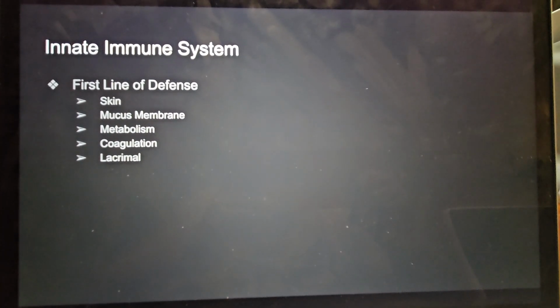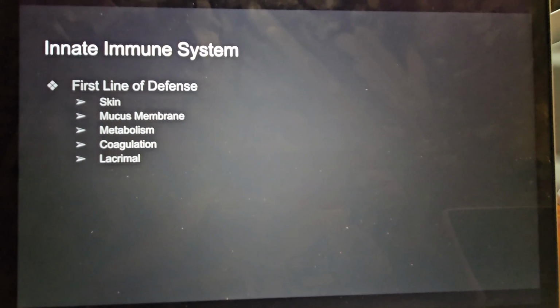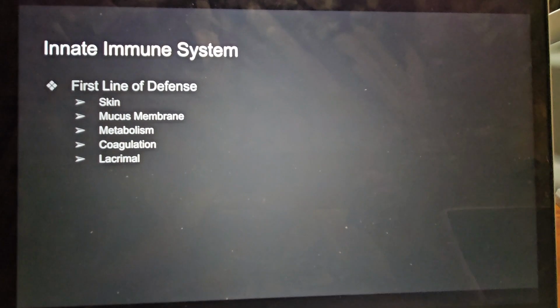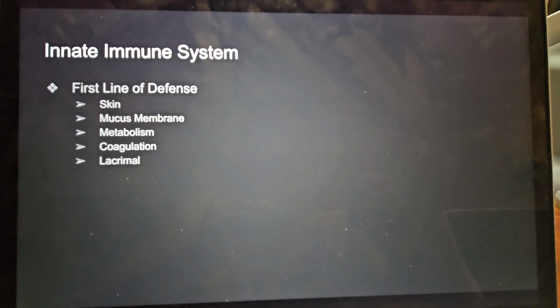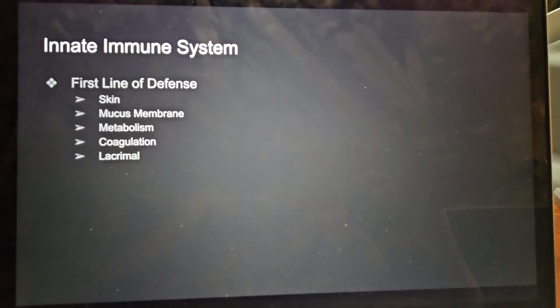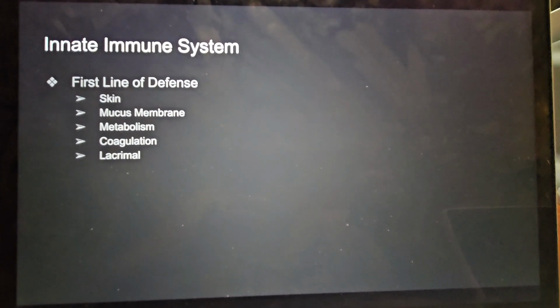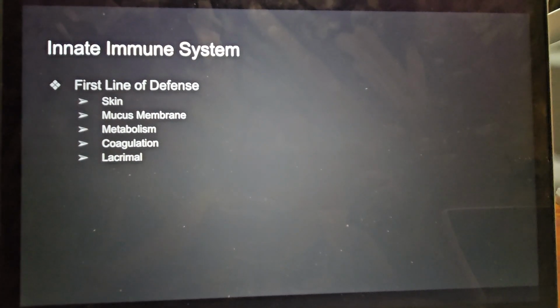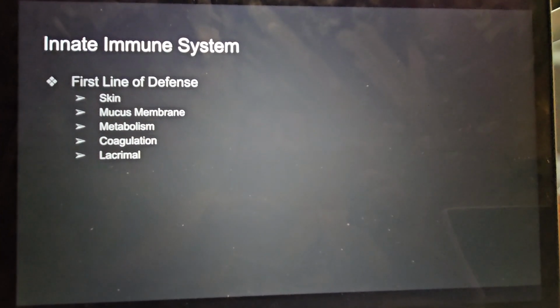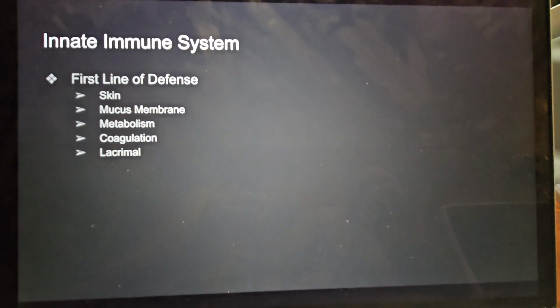And then we talk about metabolism, which thankfully is fairly easy. It is really just the body using the nutrients that the bacteria would have been using for growth and reproduction. Coagulation is the blood coagulating to reduce blood loss, as well as to prevent infections by filling that area with healthy blood.